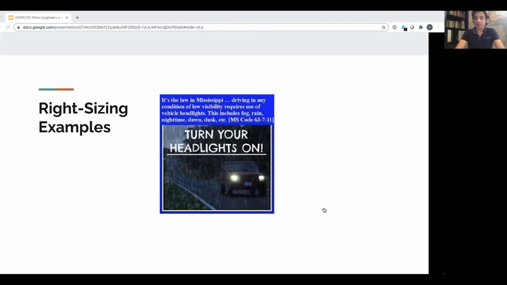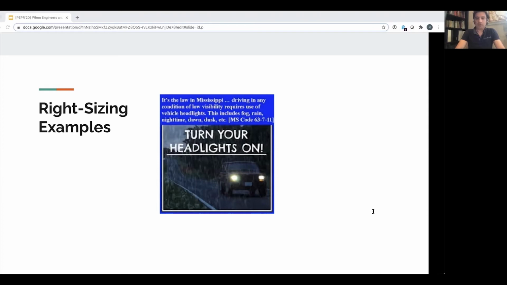And the risk depends on technical and legal aspects. For example, the risk of driving without headlights depends on the level of ambient light at which visibility is low. That's the technical perspective. But it also depends on the legal interpretation of when the visibility is considered low, for example, as codified in this Mississippi statute.